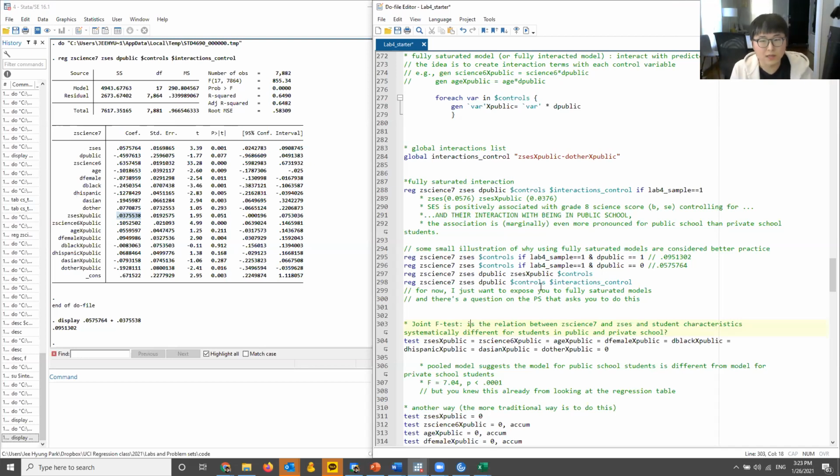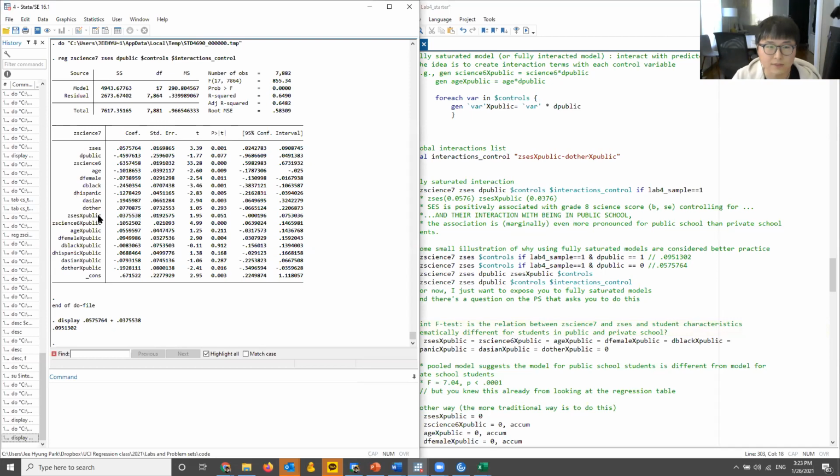And the way you would do that, a naive way of doing it, and it's often fine, is you would see if any of these are significantly different, and they are, right? This is significant, this is significant, this is significant, and you see visually, public is now interacting with these control variables. They are significant.